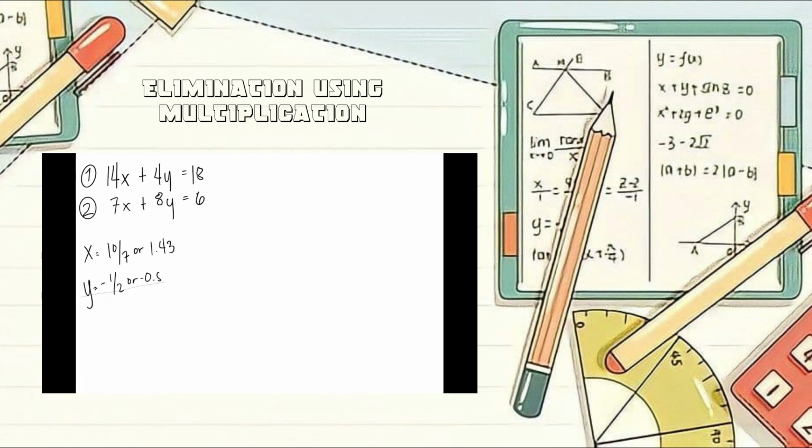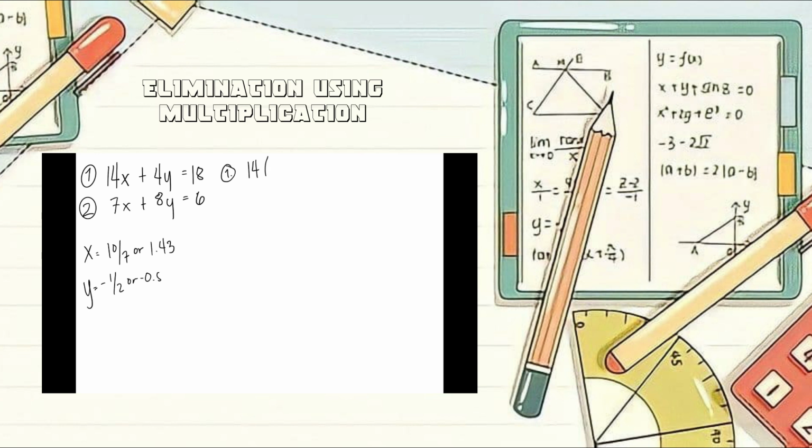Okay, so now that we have both our x and y, the one last step is to check if it's correct. And to check it, we'll be using both our equations and we'll substitute x and y. So first, we'll be using our equation 1, 14x plus 4y is equal to 18.